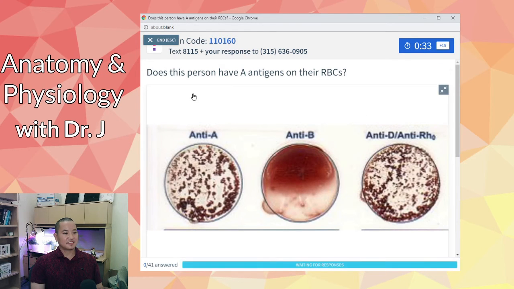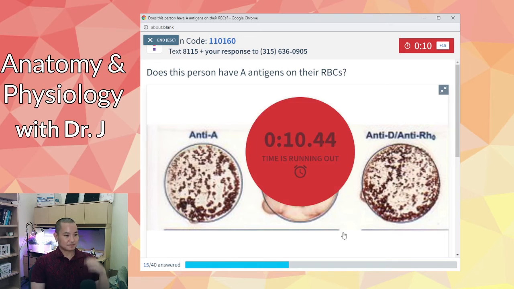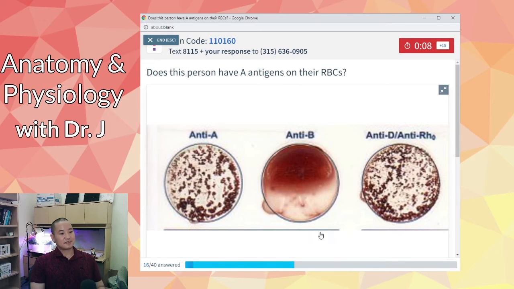Look at this. Which looks clumped? Which doesn't look clumped? Which looks like blood that typically, when you cut yourself, looks like a blood stain, and which looks like not something you would hope to see oozing from your blood vessels when you cut yourself? A further hint: this is not agglutinated, this has agglutination. This has agglutination.